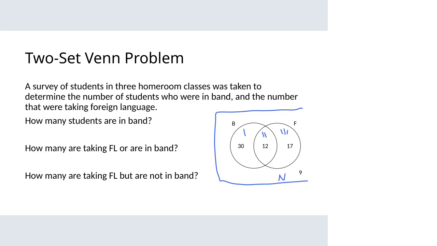One thing I want you to notice before we start answering any questions, this is why we used the Roman numerals when we were talking about the regions of the diagram, because eventually we were going to get to a place where we're going to have a diagram like this where there are 30 students in region 1, there are 12 students in region 2, 17 in region 3, and 9 in region 4.